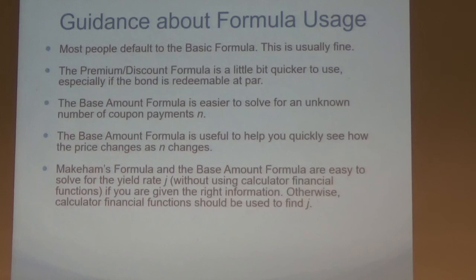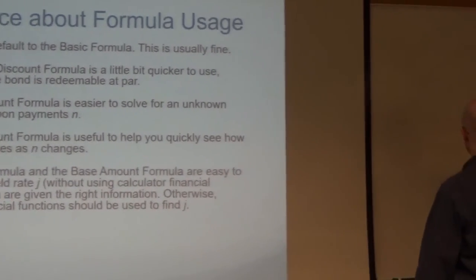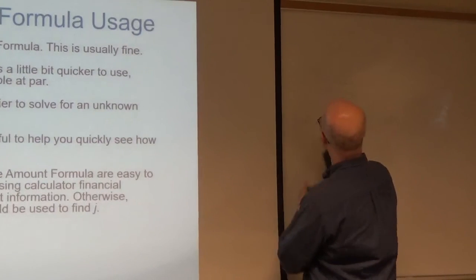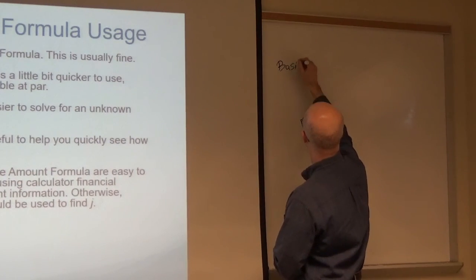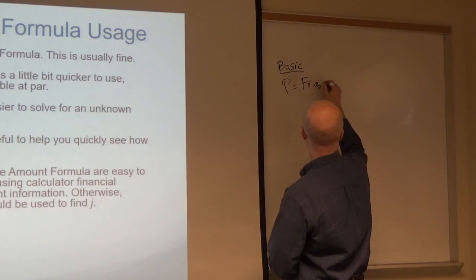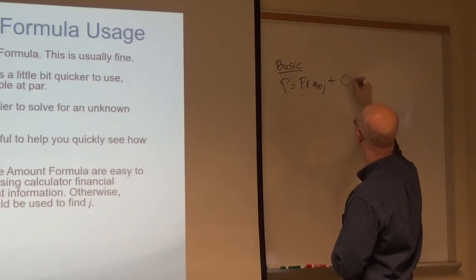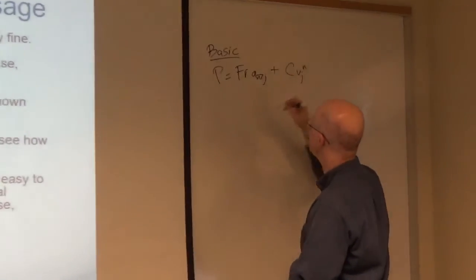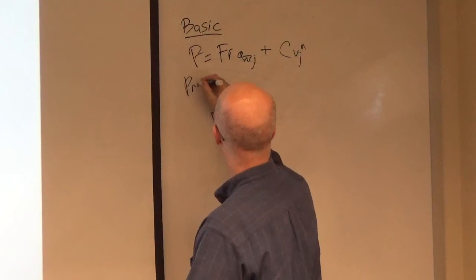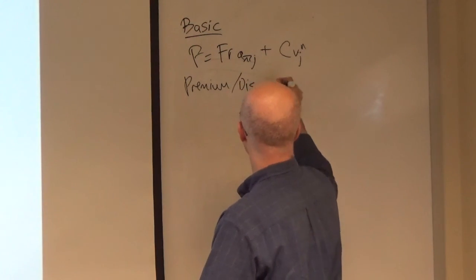Makeham's formula and the base amount formula are relatively easy to solve for J. Let me write these equations up on the board here now. So there's the basic here. P equals F R a angle N at J, or a angle N if you use I, plus C V J to the N. There's your basic formula. There's the premium discount formula.